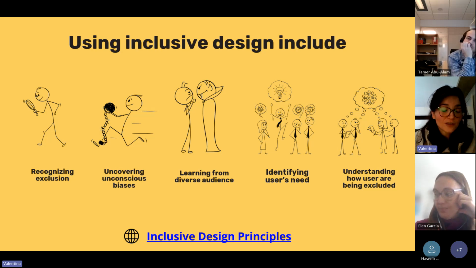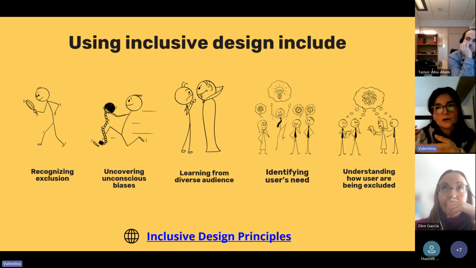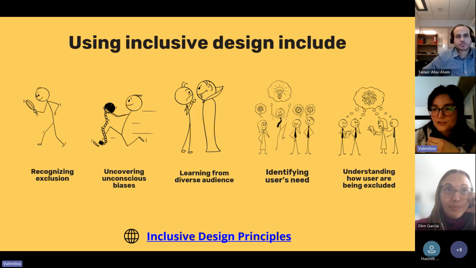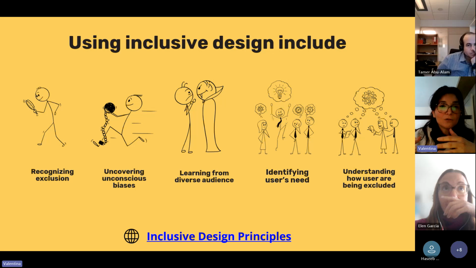And when we discover this bias, it's very important to share it with others, for example when we talk about a certain topic. Sharing with others means that they can lead you to recognize a stereotype that you maybe are using.